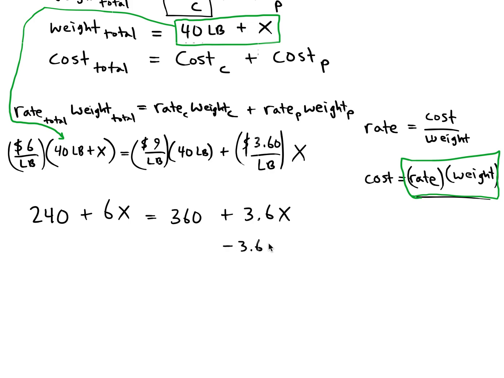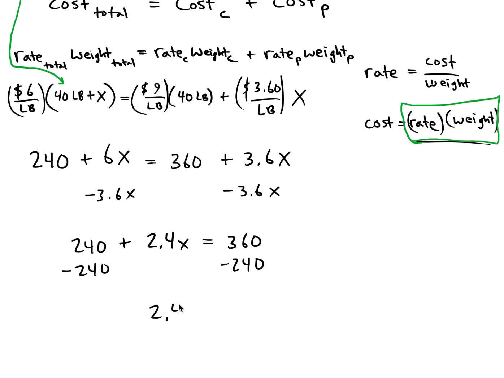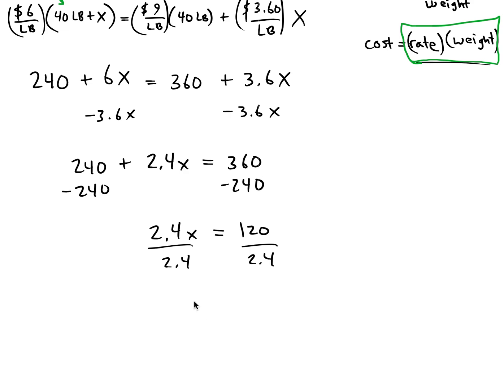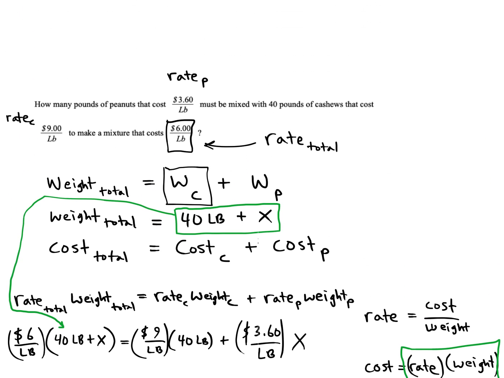So let's subtract the 3.6x, and we'll get 240 plus 2.4x equals 360. And we're getting toward an answer here. x is 50 pounds. So that's going to be the weight of the peanuts.